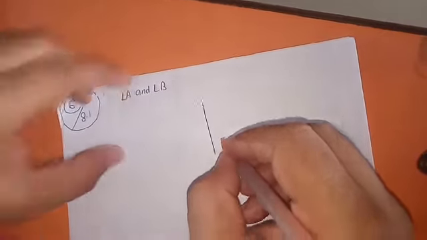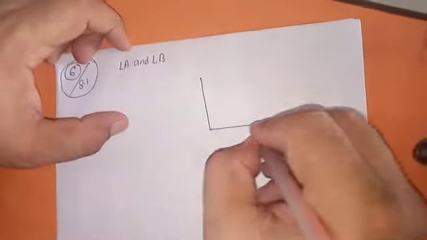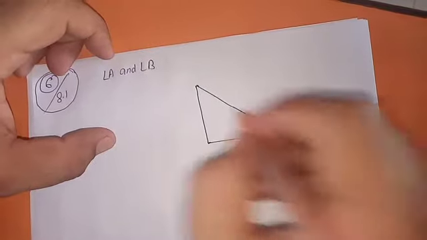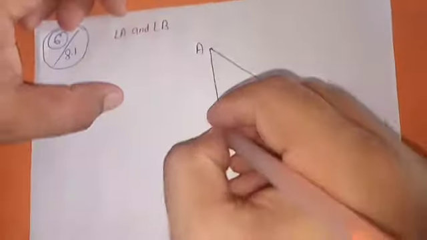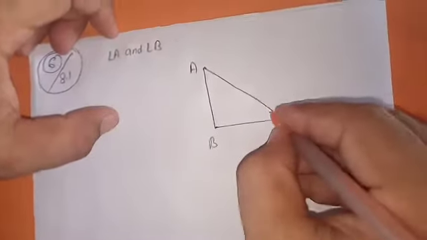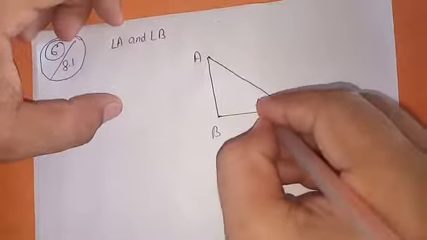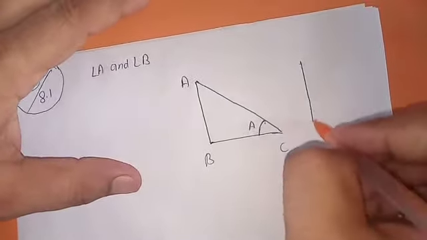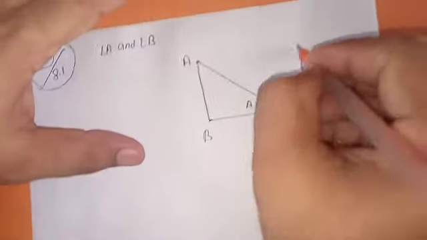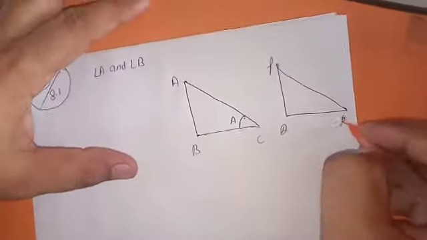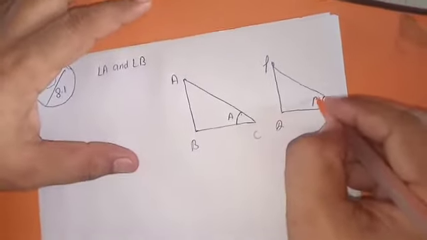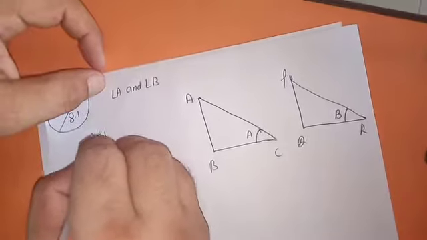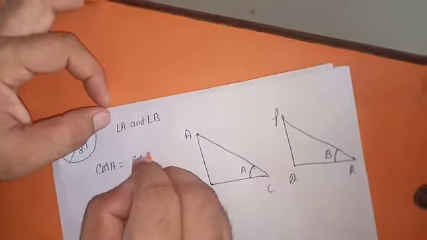One triangle ABC, having this angle named A. Another triangle PQR, and this angle is B, and it is given cos of A equal to cos of B.